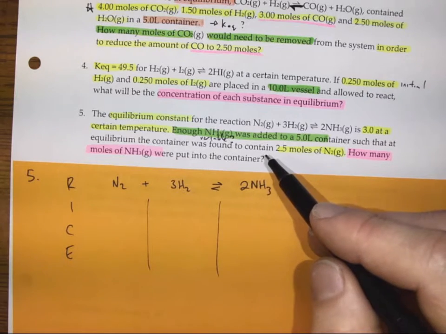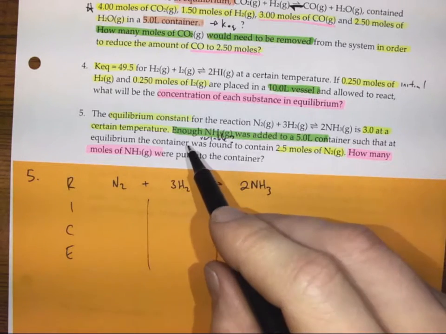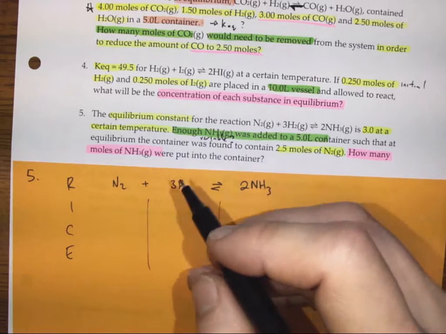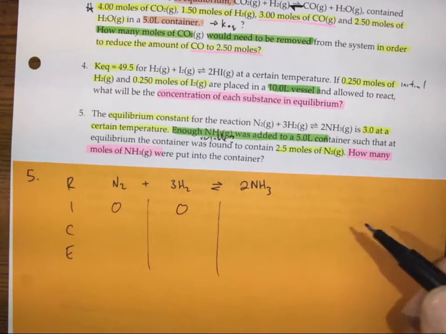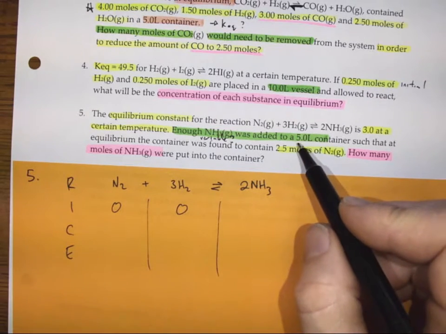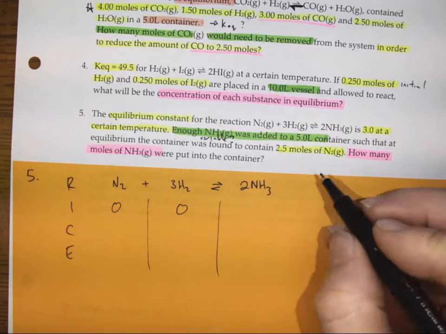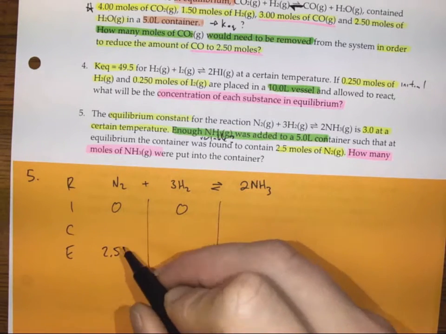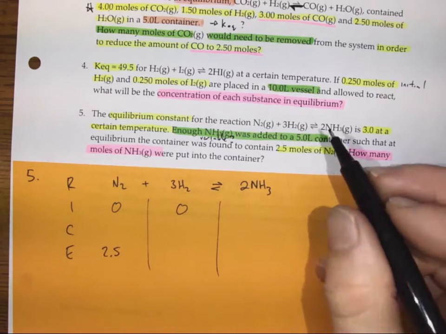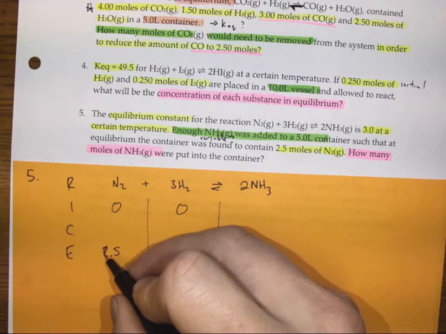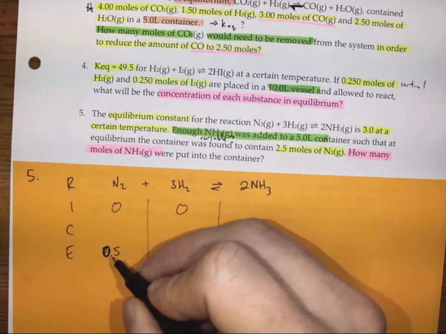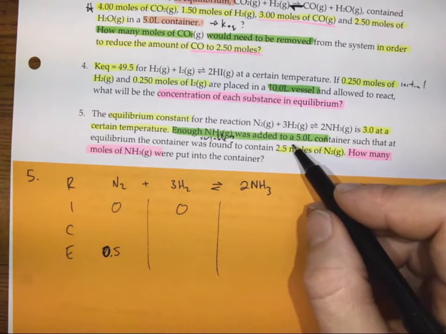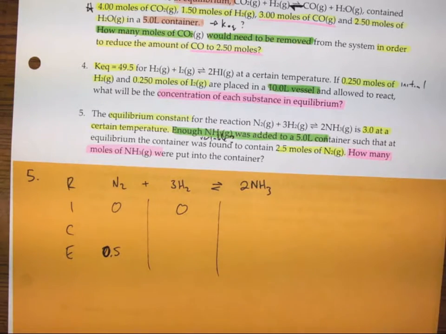We know that at equilibrium, the container was found... Okay, so we know that there was no nitrogen and no hydrogen added initially, but we know that there's 2.5 moles of nitrogen at equilibrium. Oh, 2.5 moles for every 5 liters, actually, so that is 0.5. Half of 2.5 over 5 is the same thing as 1 over 2, or half, or 0.5.